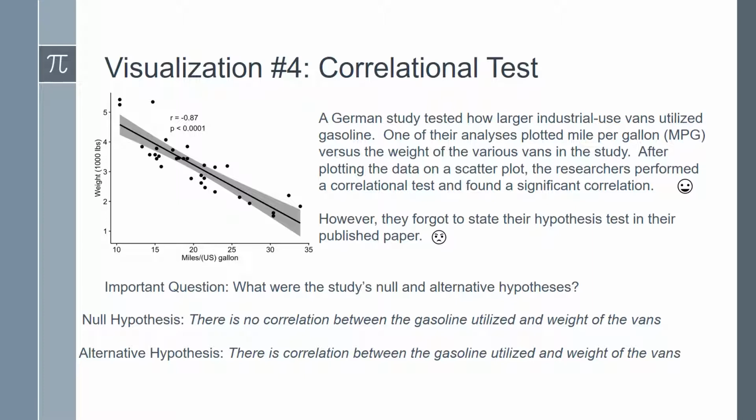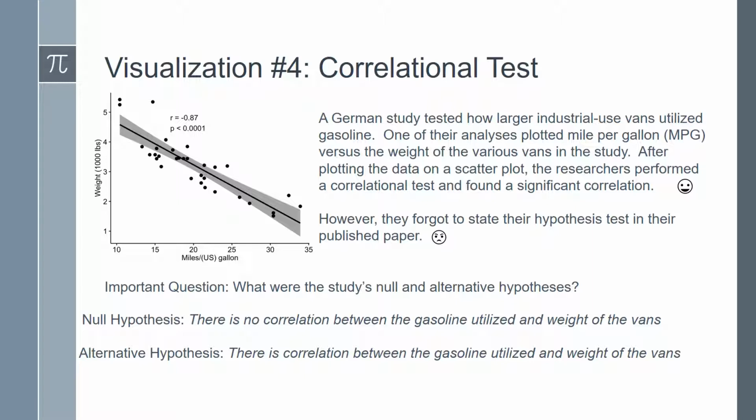So here in the given scenario, the research question is, what are the study's null and alternative hypotheses for the weight of the industrial use vans and the corresponding utilization of gasoline. In a normal general sense, we might think the heavier the vans, the more gasoline they might utilize. But we are not sure yet.